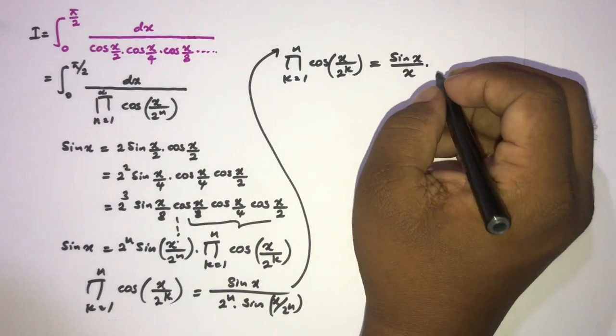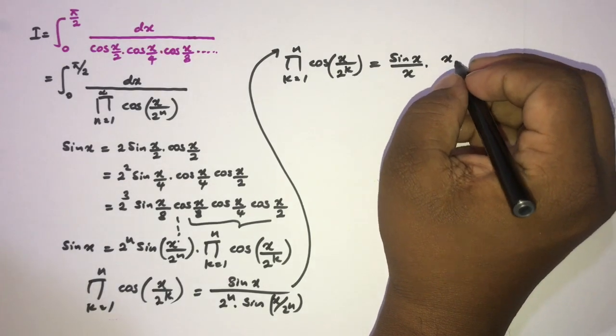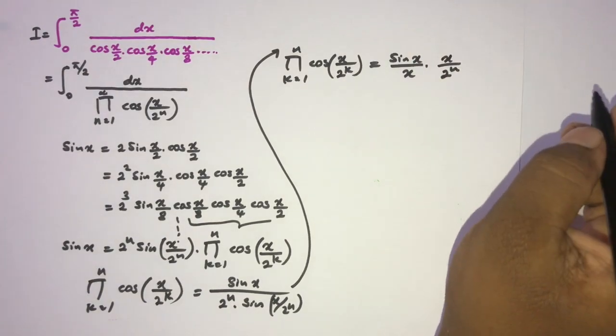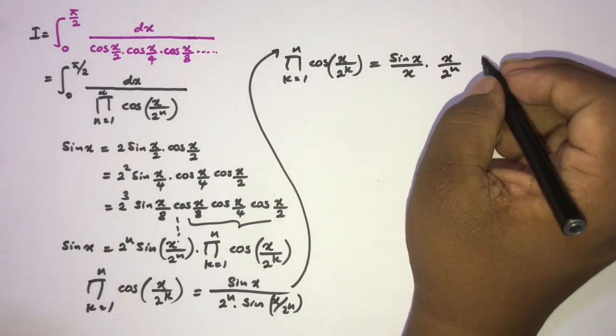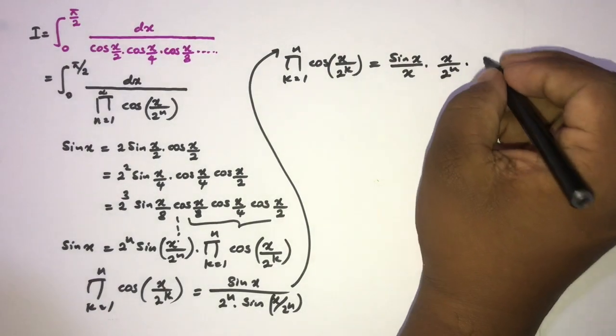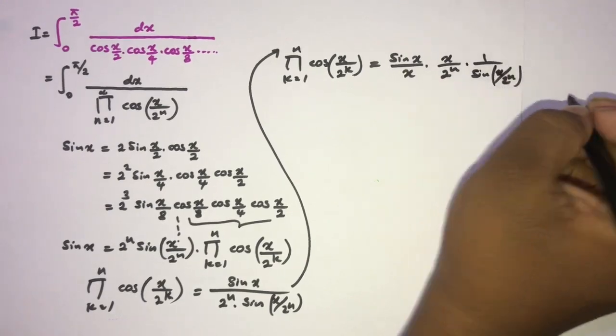So we can write x over 2 raised to the n times 1 over sine of x over 2 raised to the n.